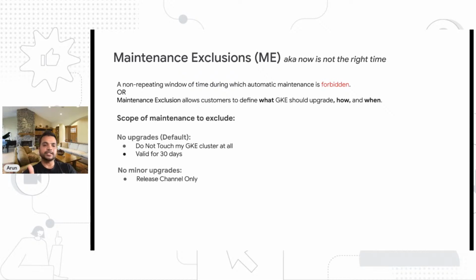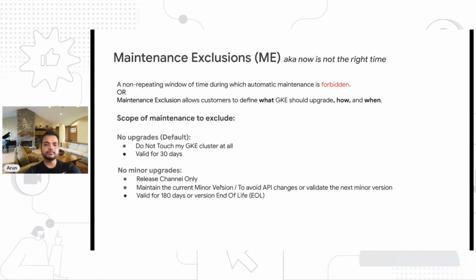So in the next slide, we have a table of what all things we include as part of no upgrade and no minor upgrade. But as you can see, first of all, it's part of release channel. So if your cluster is in static channel or no channel, you do not have this option at all. Maintain the current version to avoid any API changes.